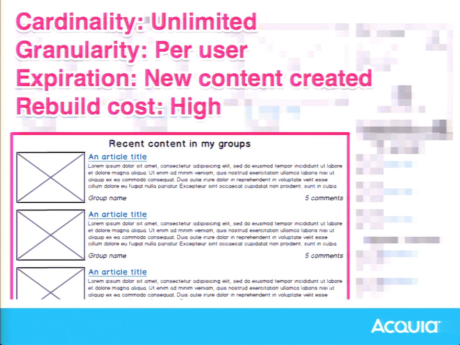It's recent content in their individual groups. So if your usage pattern for people is that they typically only come to the front page occasionally, but they go to other pages very frequently, you're going to build this, cache it, and by the time you're going to show that version again, it's already outdated.